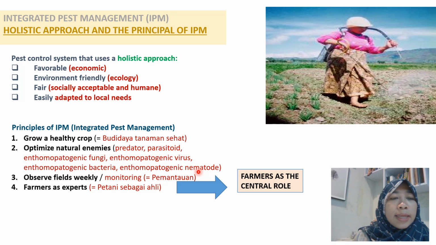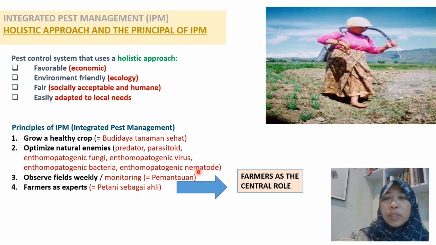Okay. And then there are four principles of integrated pest management that we have to know, we have to learn. The first one is we have to grow a healthy crop. So we can start from the varieties that we use, and then the irrigation that we have, and then the fertilizer that we use.